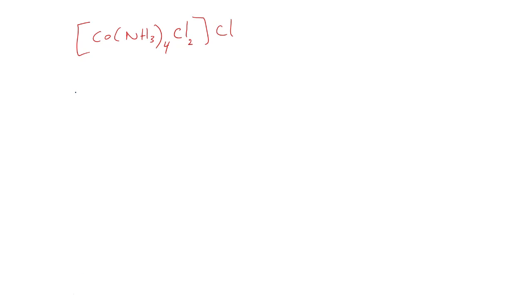But be careful, before naming any coordination compound, you need to know a few things. First, calculate the oxidation number of the metal. Also focus on whether the compound is cationic or anionic. If it is cationic, we write the name of the metal as it is.